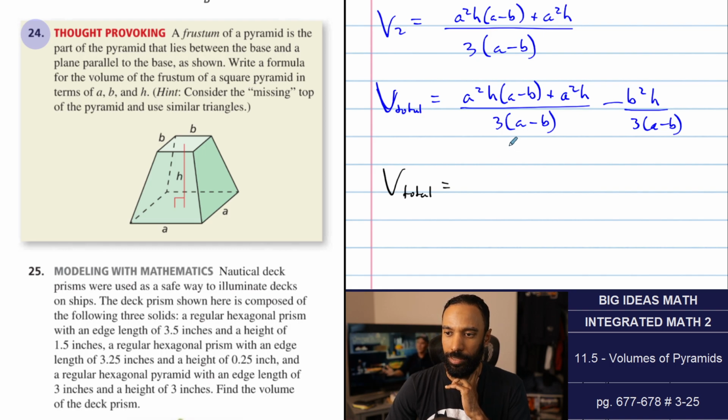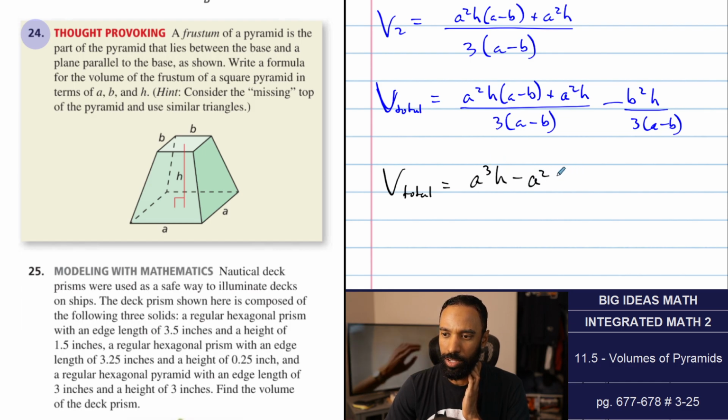I'm going to distribute what's there. That's a cubed h minus a squared b h plus a squared h minus b squared h.